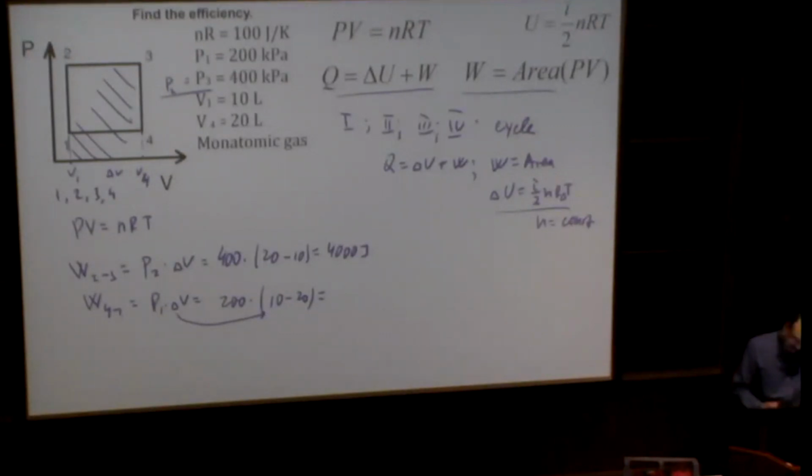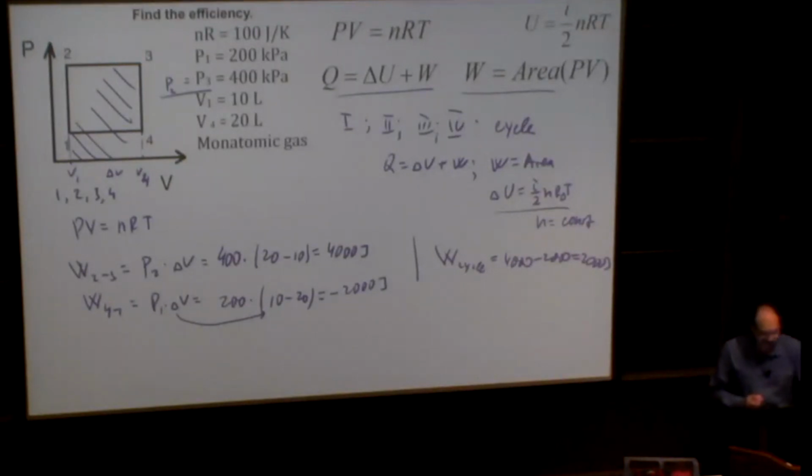And you can see again that when gas contracts, the work has to be negative. So we have negative 2,000 joules. That gives the total work over the cycle, 4,000 minus 2,000, 2,000 joules.